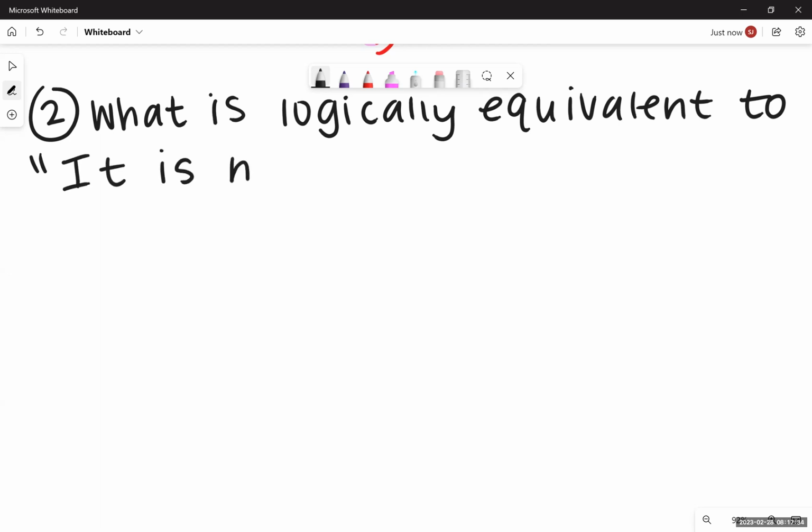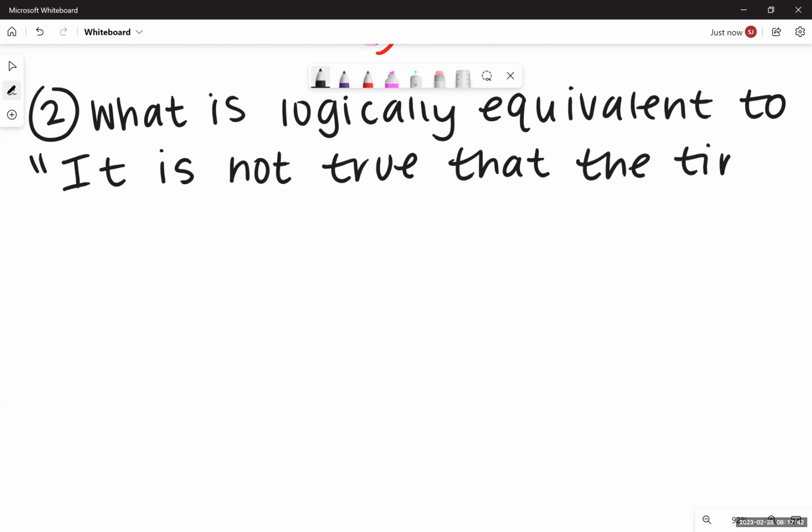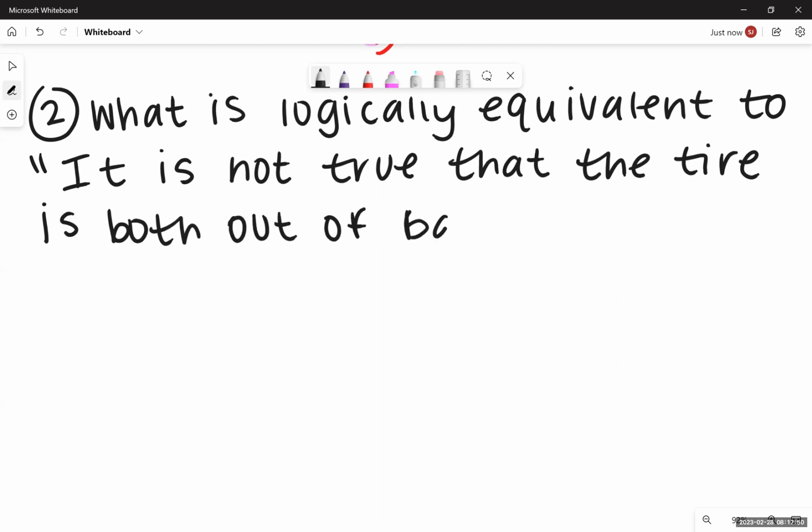It is not true that the tire is both out of balance and flat.